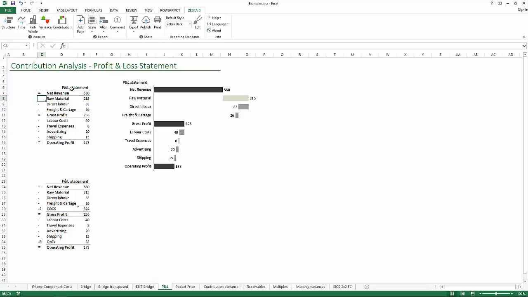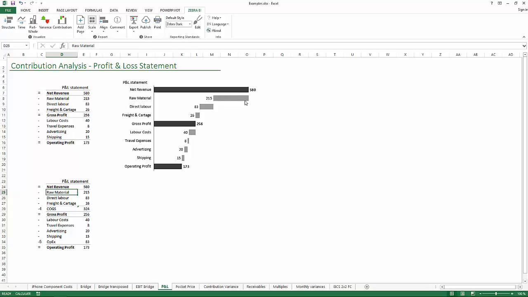As soon as I put a minus here, this is now inverted, and Zebra BI will invert everything. It will understand that this is now a negative type of KPI here. It's a cost, right? So that's how everything works.